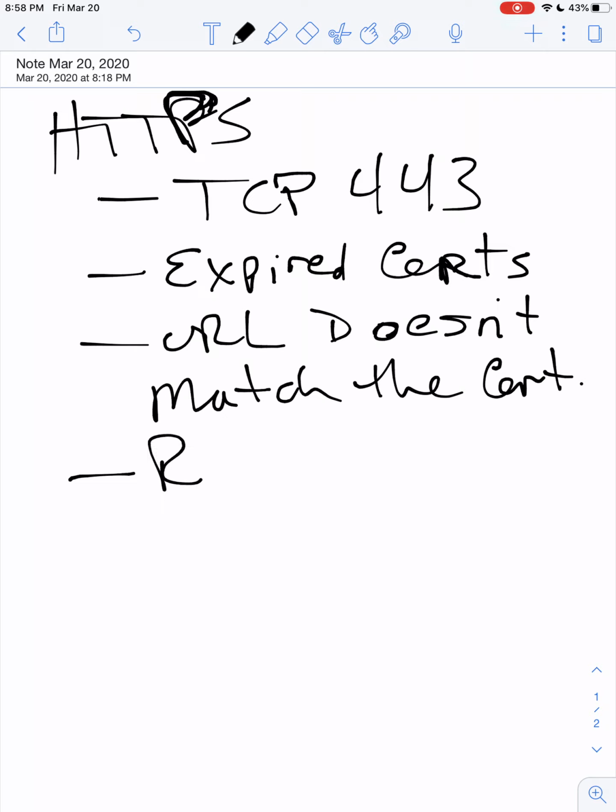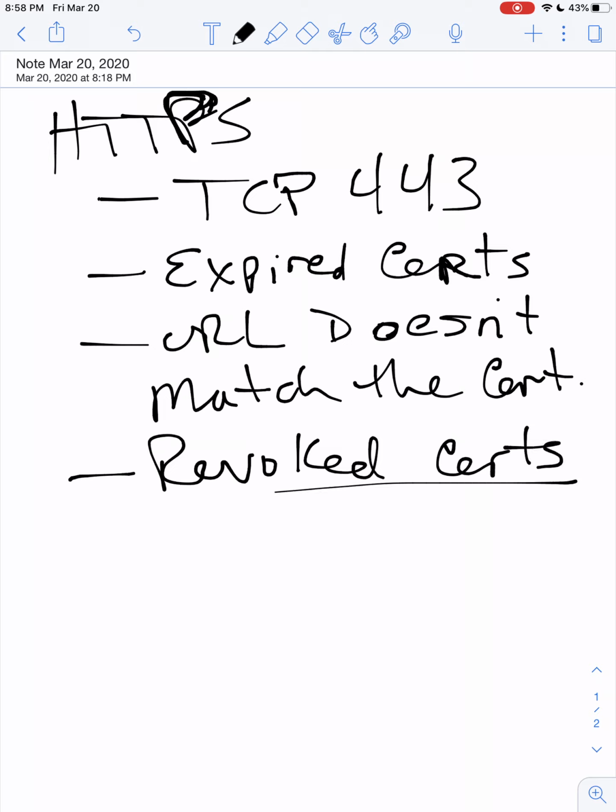You can also have revoked certificates. These are the ones you really want to watch for. Expired certs happen because people don't have a process in place to check for certificates that are expired. They just don't have a process in place. URLs don't match.